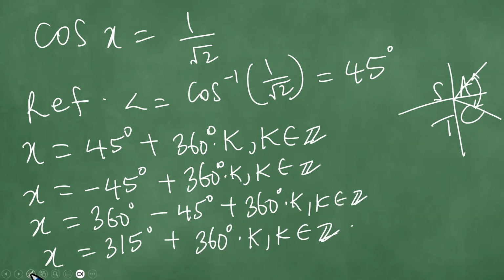In other words, you identify the solution here at 45 for the angle in the first quadrant, or minus 45 in the fourth quadrant, or 315, which is exactly an angle in the fourth quadrant.